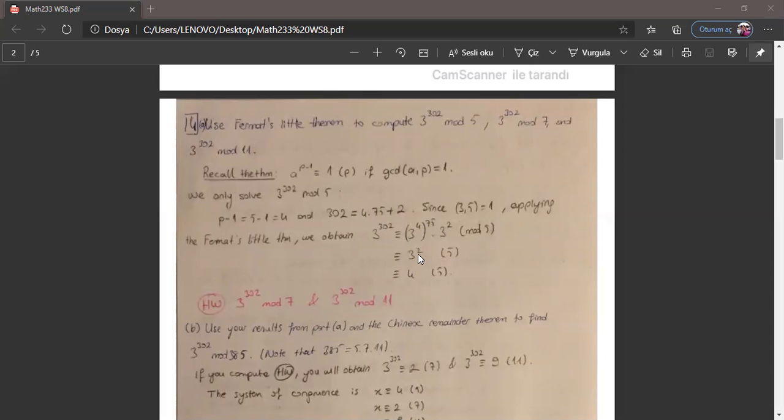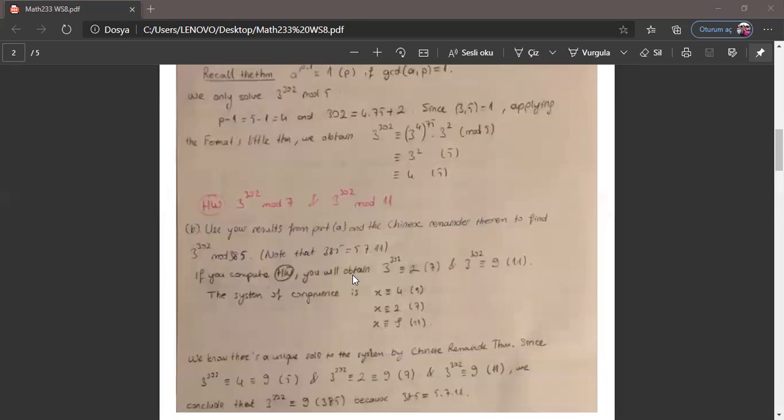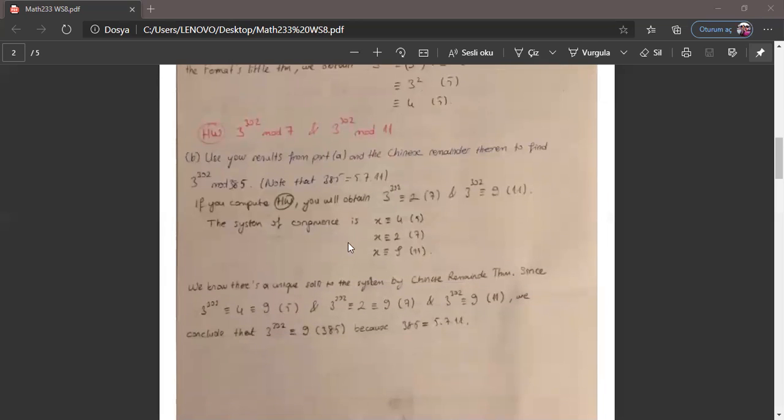So here we have only 3 squared, which is 9. So it's congruent modulo 5 to 4. So we have at the end this congruence as we wanted to compute. These are homework, so it's easy, you see already.